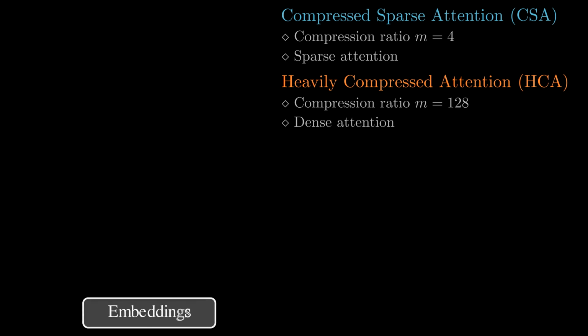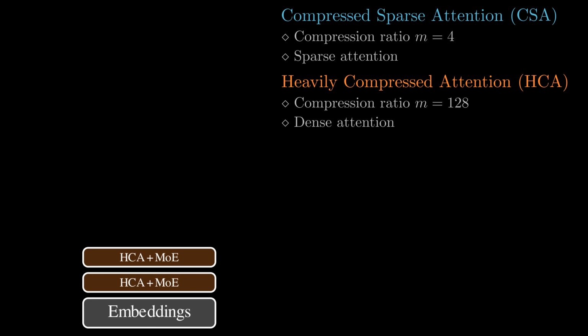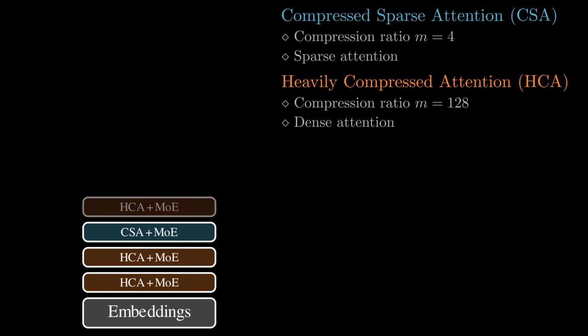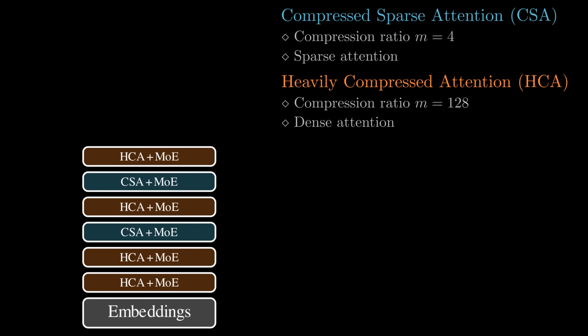We start with the token embedding as inputs. Each transformer block contains an attention layer followed by a mixture of experts layer. The first two layers use HCA to build a cheap global summary of the entire sequence, letting information mix across long contexts before the model commits to fine-grained processing. In the middle portion of the model, the architecture alternates between HCA and the more selective CSA layers.